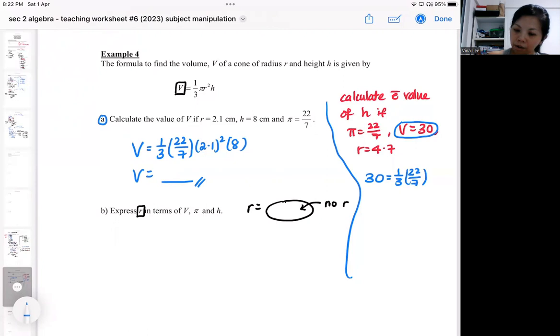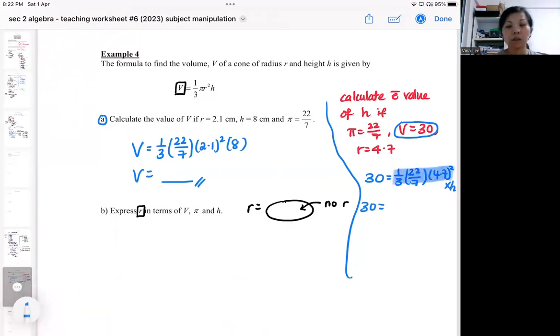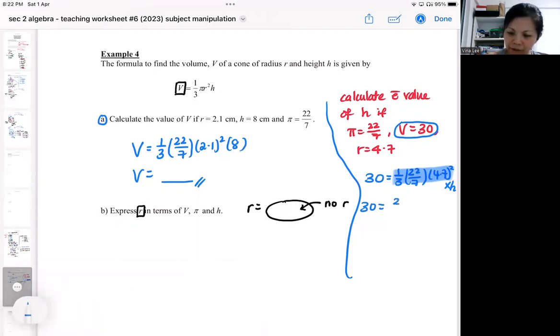Then you got an R squared. Sorry, I got no space. Then you times H. So what you can do is punch the calculator here: 1/3 times 22/7 times 4.7 squared. In this case, the punching will give you not a very nice answer.